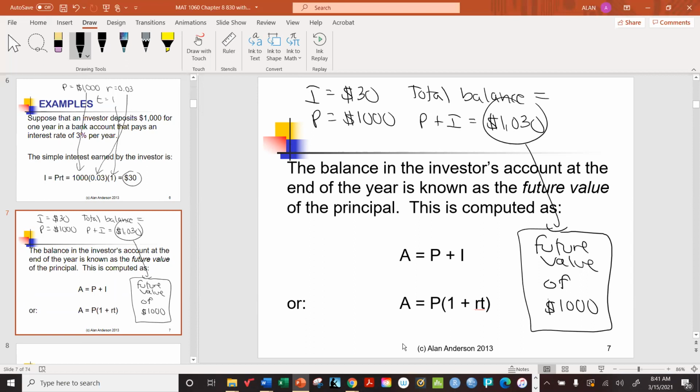You can see here that we formally defined our formula for future value. A equals principal plus simple interest, in this case.